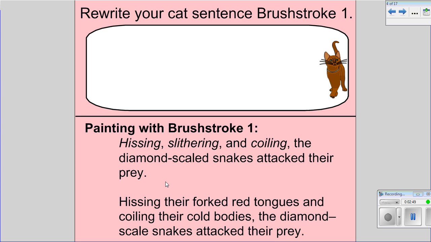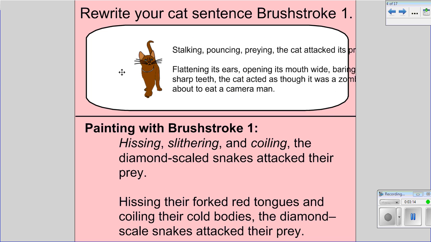This one takes one particular action of the snake and combines it together. And actually it takes two. So it says, hissing their forked red tongues and coiling their cold bodies, the diamond-scaled snakes attacked their prey. Go ahead and rewrite your sentence using brushstroke 1, and once you've done that, please start the video again.